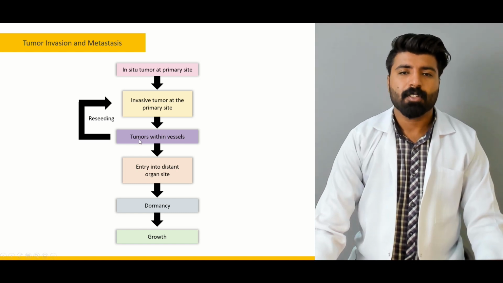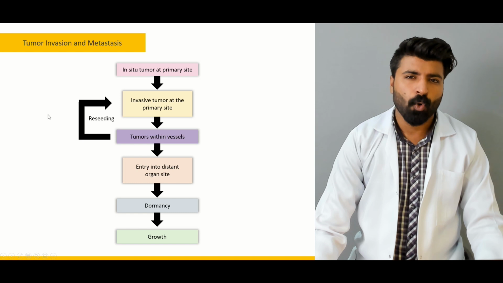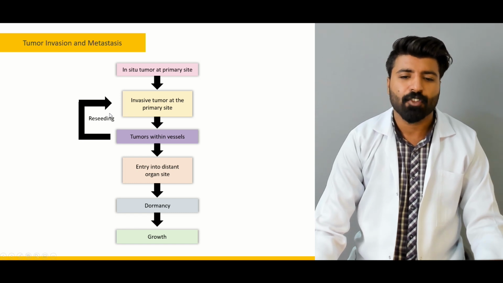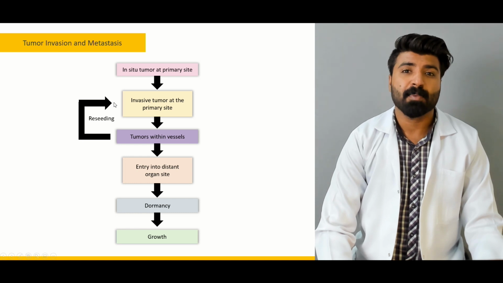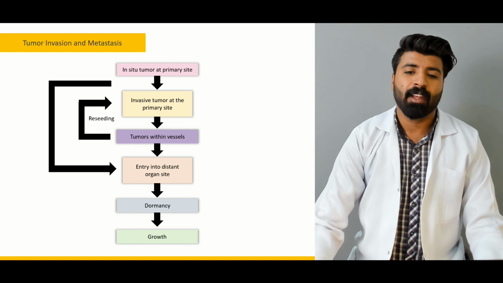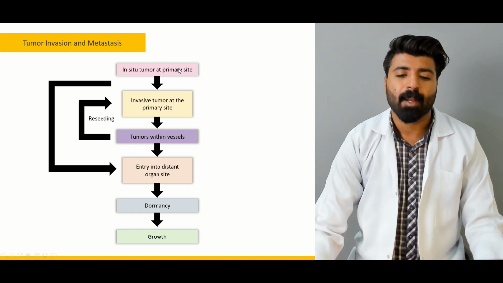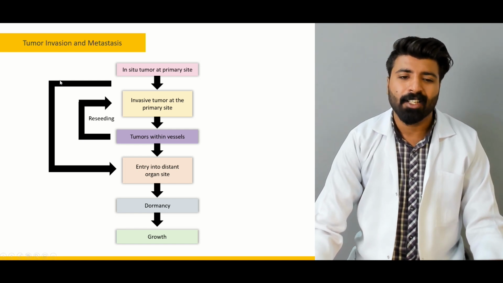Now, tumors which went within the vessels can go back, can recede back into invasive tumor at the primary site. This happens all the time with the modalities, with the treatments, and in some cases without even one of them. So that has been shown through research that it can go back, it can recede back. On the other hand, if there's a tumor in situ at the primary site, it can directly go and get into the other organ without going through any of these effects, without invading the tumor, without getting into the vessels.